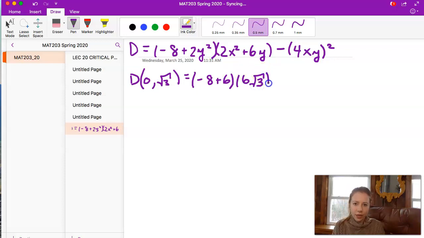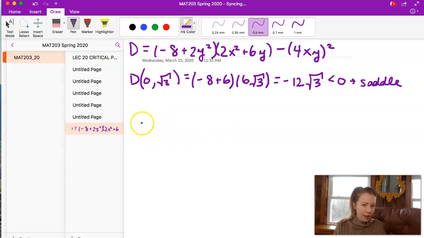Okay, so we're just plugging in. And that is going to be equal to minus 12 times the square root of 3. Okay, so that's clearly less than 0. And so we have a saddle point at 0, root 3.